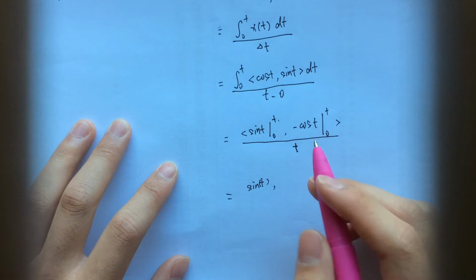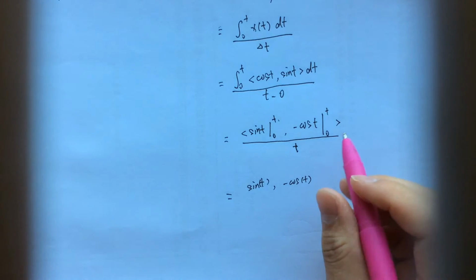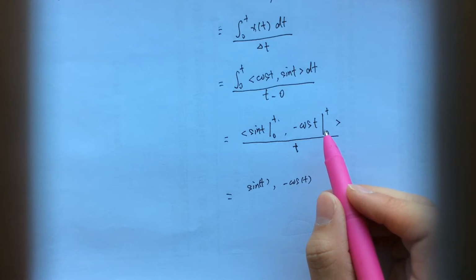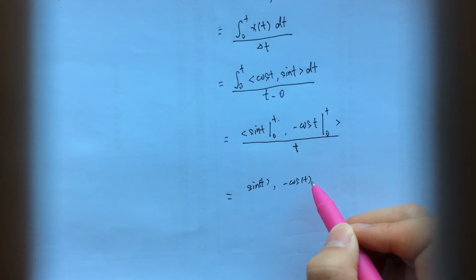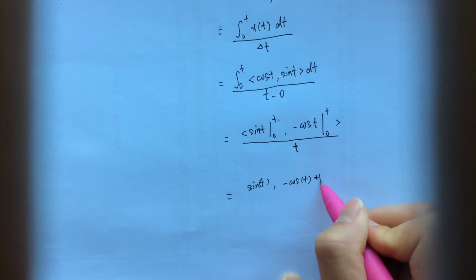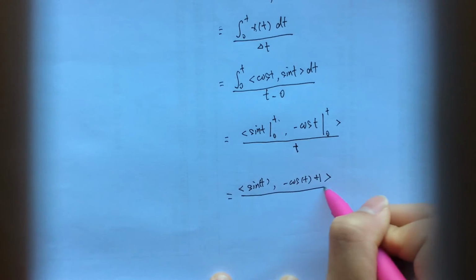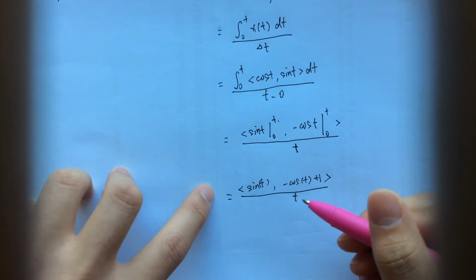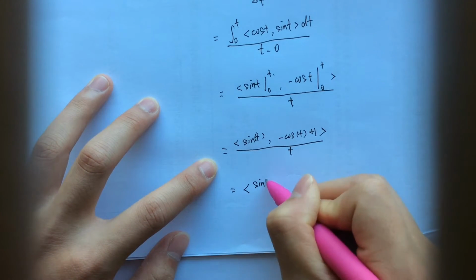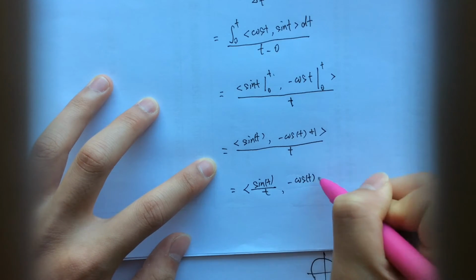And negative cosine t minus, because we know that negative cosine 0 is negative 1, so negative cosine t minus minus 1 is plus 1. So okay, this will be our function. This will be our answer. And we can rewrite this one as sine t over t, comma, negative cosine t plus 1.